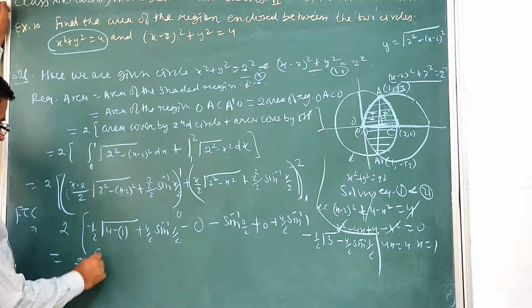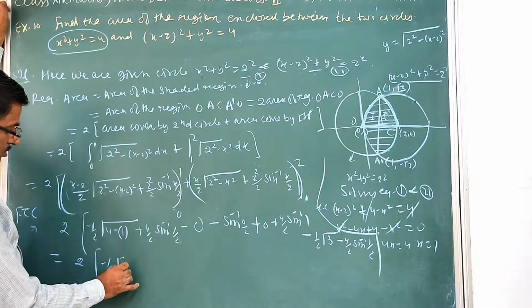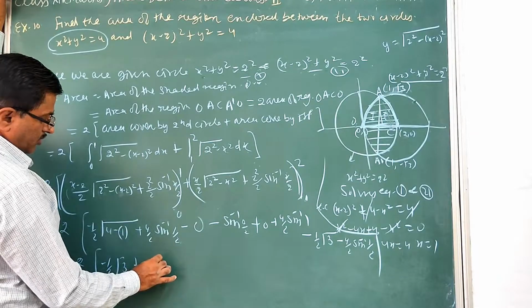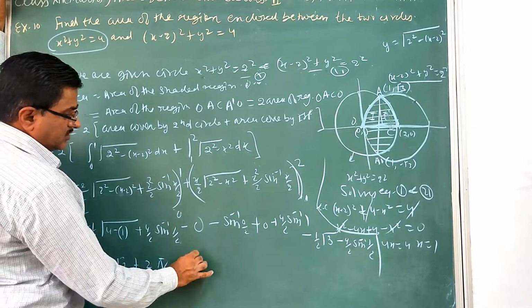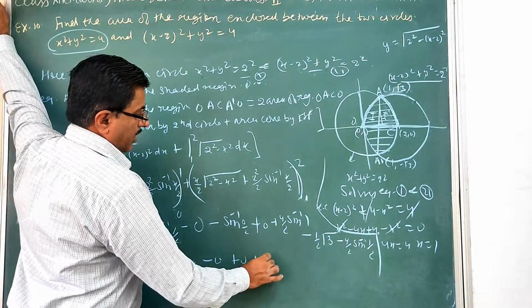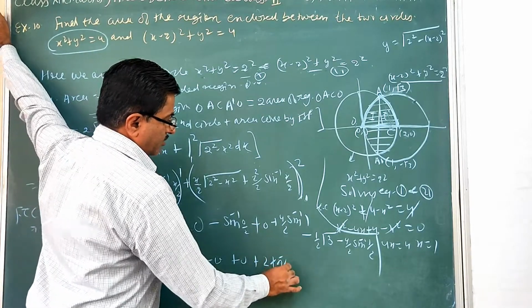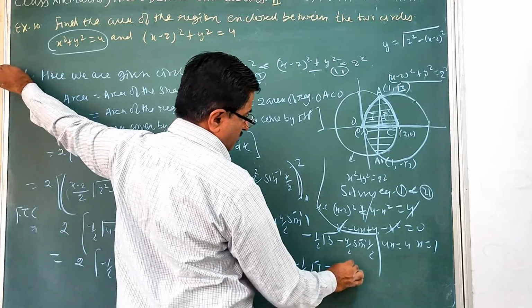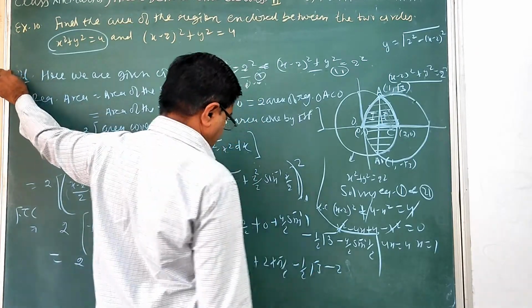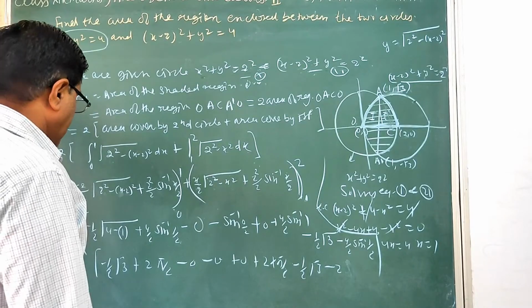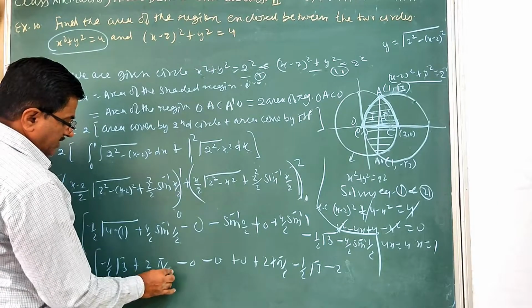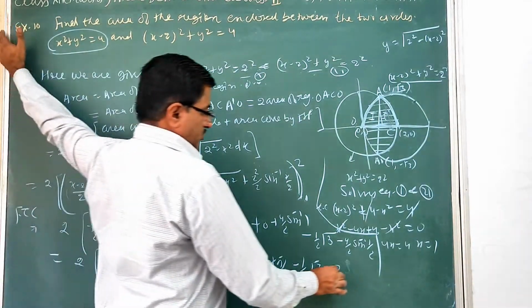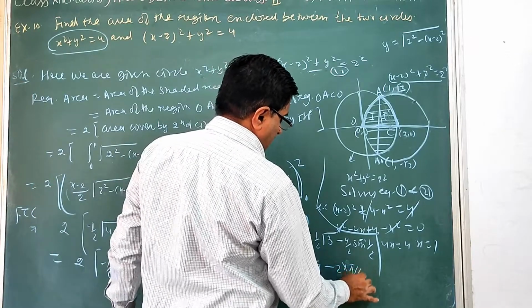So in this way you can use efficiency and simplify this. That is 2 into minus 1 by 2 root 3. This is 2 into sin inverse 1, that is pi by 2. This is 0, 0, 0 and 2 into pi by 2 minus 1 by 2 root 3 minus 2 sin inverse 1 by 2. The value of sin inverse 1 by 2 is pi by 6, so 2 into pi by 6.